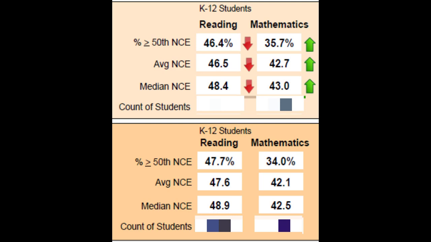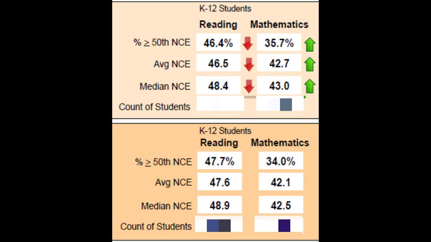The next line represents the average NCE, or the mean, and then the median being the value that is in the middle if we rank the students from the highest to the lowest. Then there'll be a count of students below that. The arrows represent how that value has changed from the displayed previous administration.